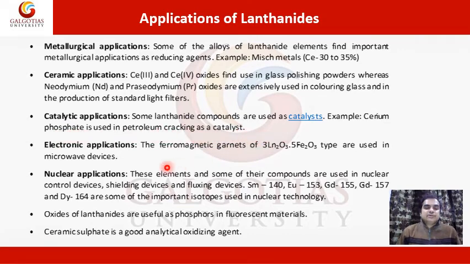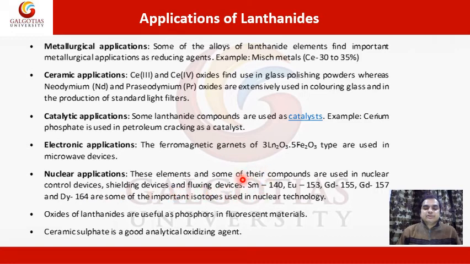Another application is in electronic applications. The ferromagnetic garnets of the type 3M2O3.5Fe2O3 are used for microwave devices, and lastly, nuclear applications. These elements and some of their compounds are used in nuclear control devices, shielding devices, and fluxing devices.